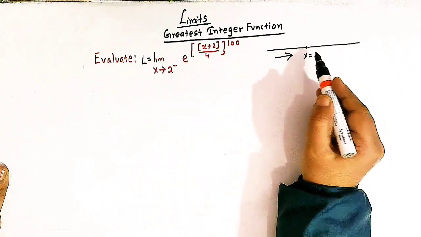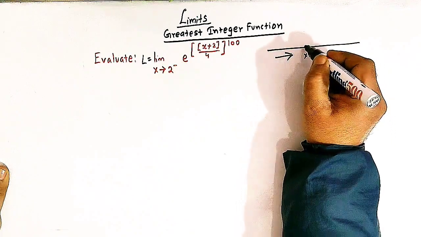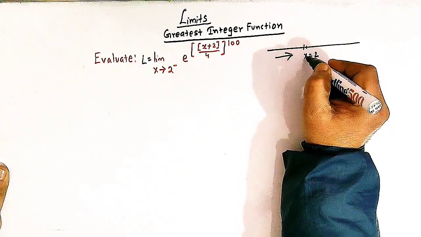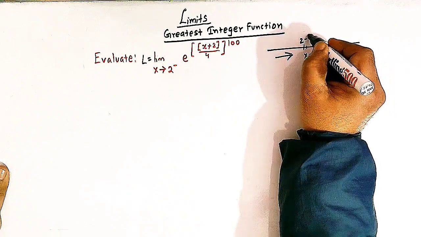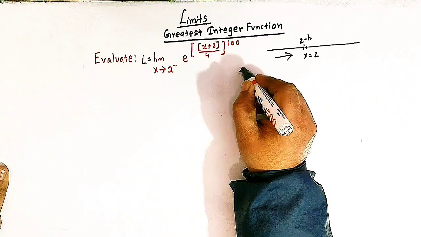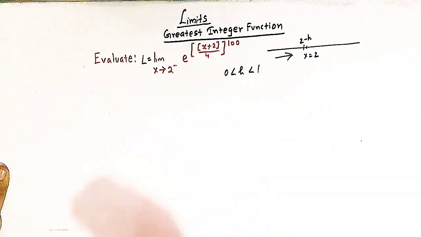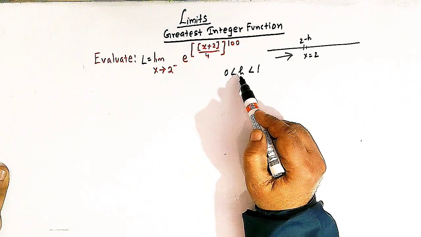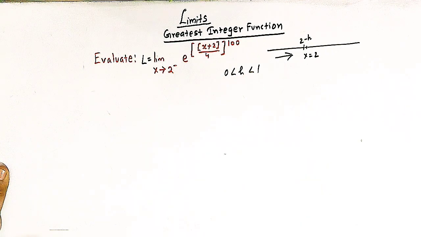When we approach x equal to 2 from the left, we are in the neighborhood of x equal to 2, and this point is 2 minus h, where h is a positive quantity, infinitesimally small, and lies between 0 and 1.